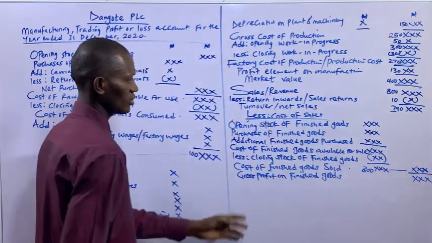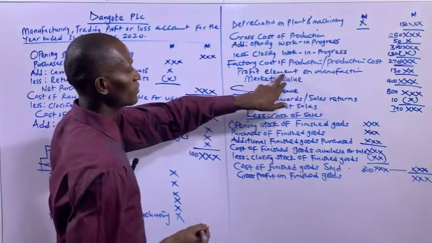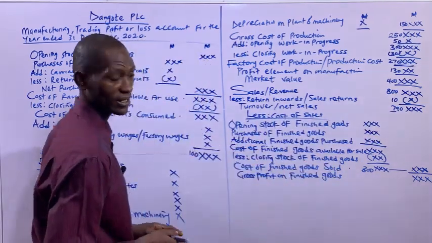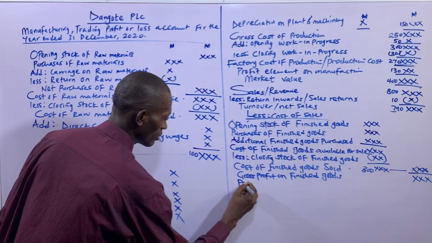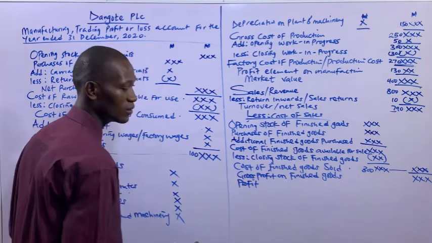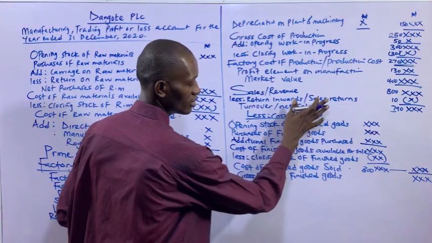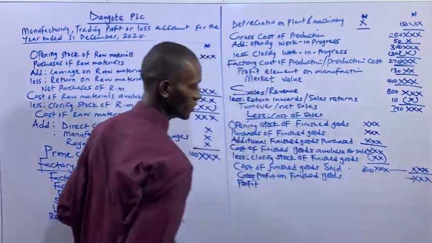Then don't forget, we already made profit on manufacturing. This profit on manufacturing, we are going to add it to your gross profit, because here we are now moving to our profit and loss account. So this is where the trading and manufacturing account stops to get our gross profit.